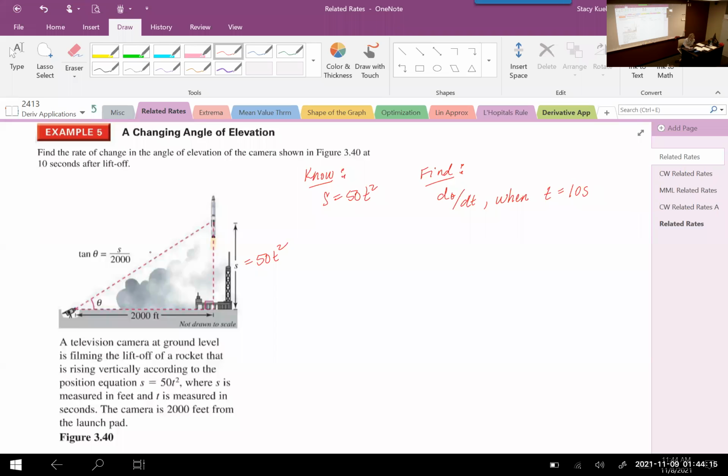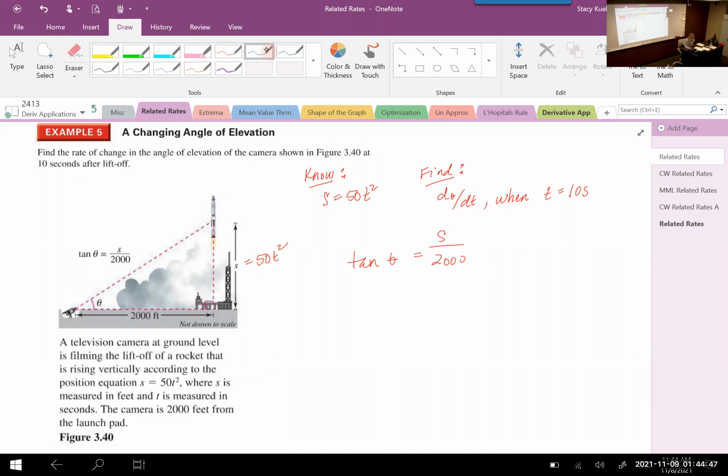The only thing I have is, if I'm trying to find the rate of change of the angle at which this is changing, that is related by taking the tangent, because we have our base and we have our height. So that is the formula we're looking at: tangent of theta is equal to s over 2,000.